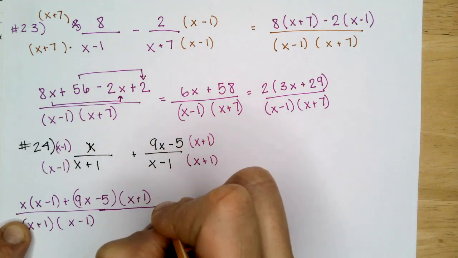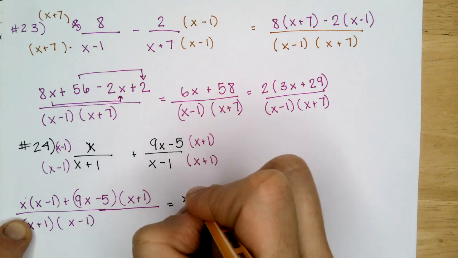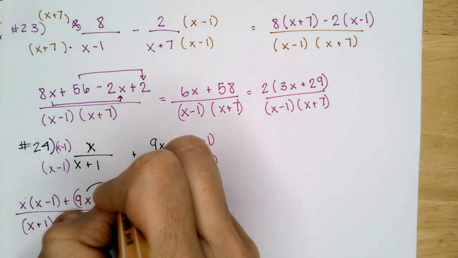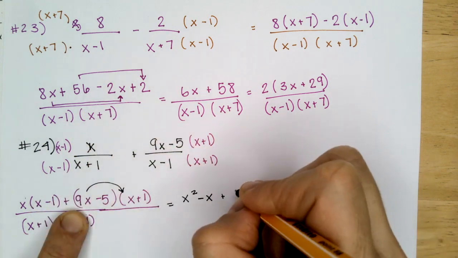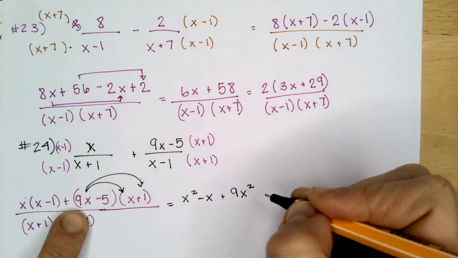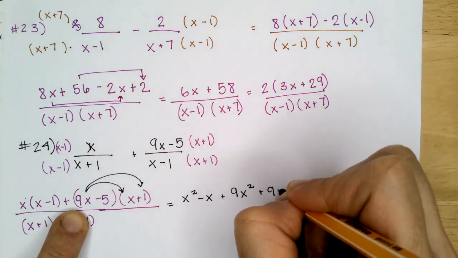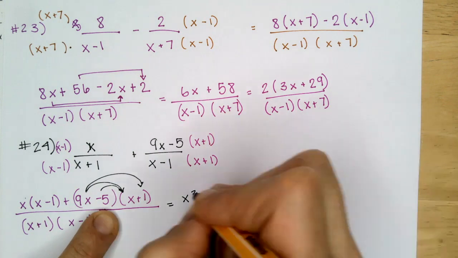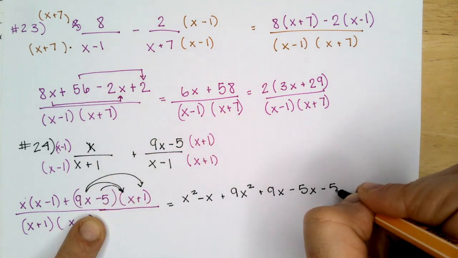This is now x times x is x squared, x times negative 1 is a negative x, plus 9x times x is 9x squared, 9x times 1 is 9x, negative 5 times x is a negative 5x, negative 5 times 1 is a negative 5.